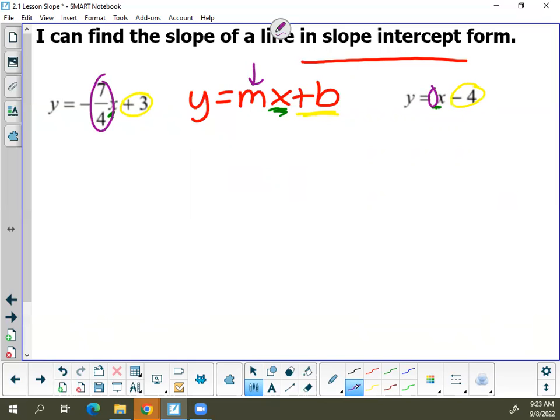So when we have an equation of a line, and it's in this form where y is all by itself on the left, then it's in slope-intercept form, and we can just find the number in front of x, and that's our slope. So in our first problem, or our first equation, the number in front of x is this fraction, -7/4, and that is the slope of our line.